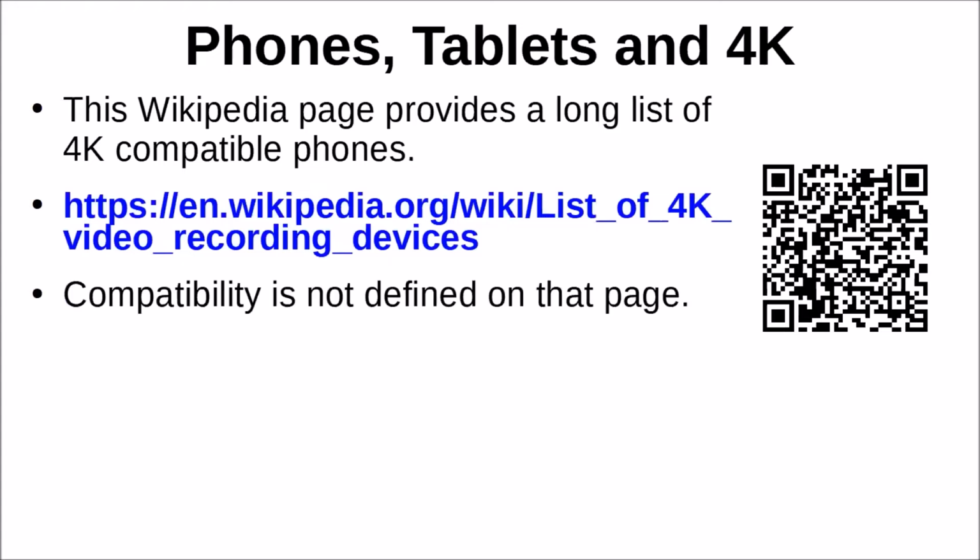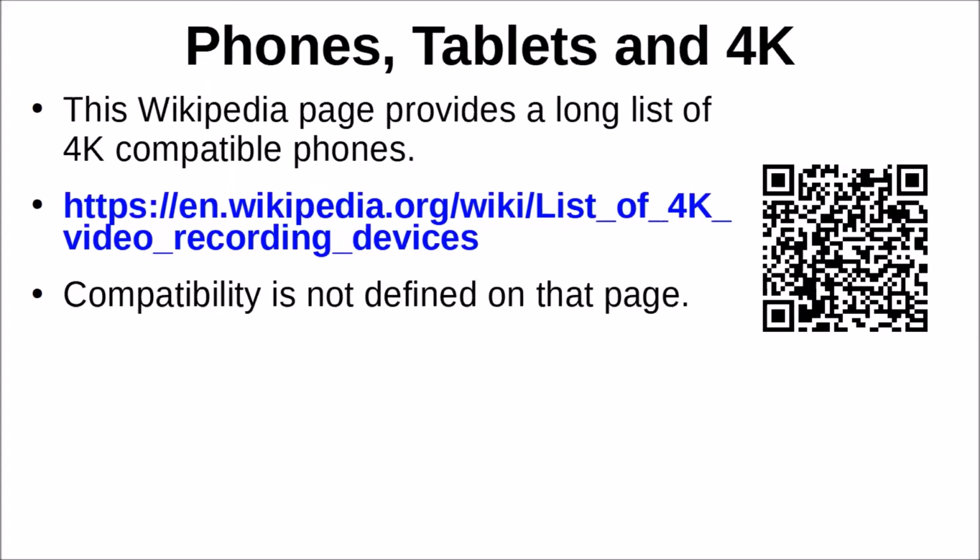The one thing that page doesn't do, which I really think it ought to do, is define what compatibility means. Now, if you think about it a little bit, it means two things. One, at least one of the cameras on the device has sufficient resolution to equal or exceed 4K resolution.